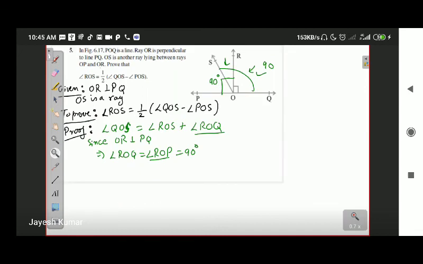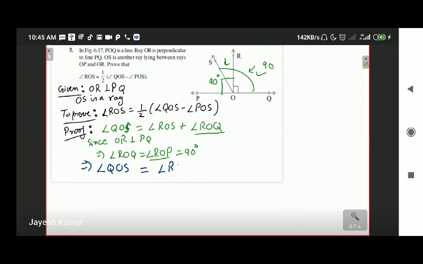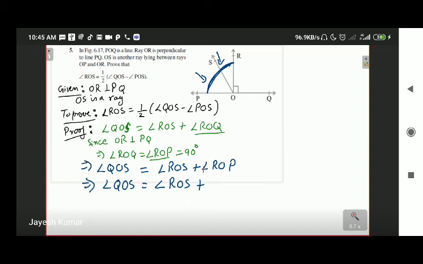Angle QOS is equal to angle ROS plus angle ROP. Now we are talking about angle ROP. Once again, what I did with angle QOS, I am going to do with angle ROP. I am going to divide angle ROP into two parts, as you can see in the figure. Angle QOS equals angle ROS plus angle POS plus angle ROS.